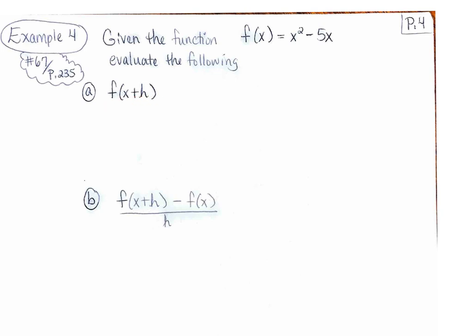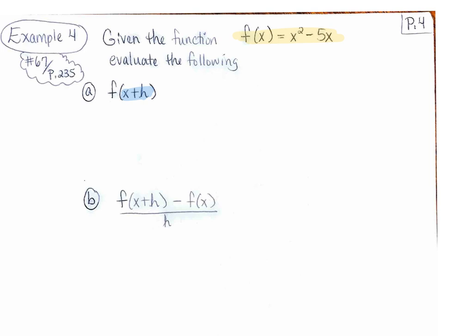So, the same way you found f of negative 1, you took negative 1 and substituted it into your function where you had an x. We're now going to substitute x plus h into our function where we have an x. It's x plus h. They're both just variables.